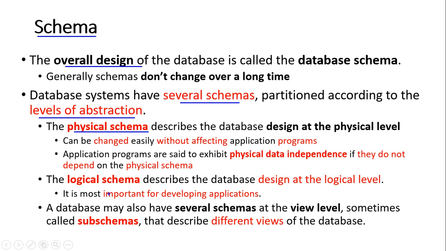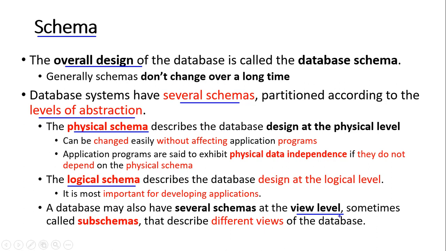In the same way, at the logical level of abstraction, we have a design called the logical schema. Similarly, we can have the schema at the view level, and you know very well there will be different views because different users would like to see the data in different forms.